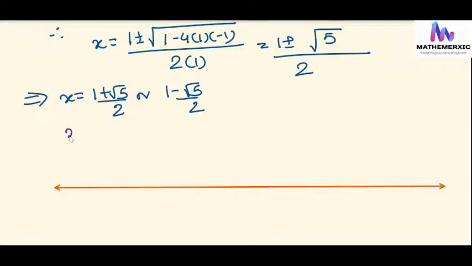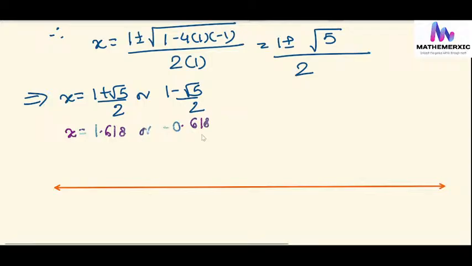So if I write it properly, x will be equal to 1.618, or 1 minus root 5 by 2, which is negative 0.618.